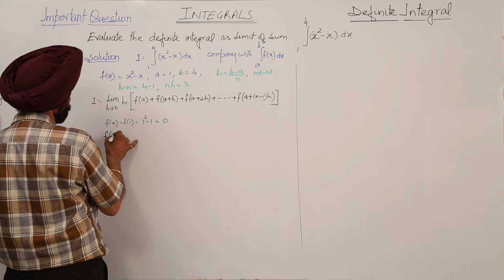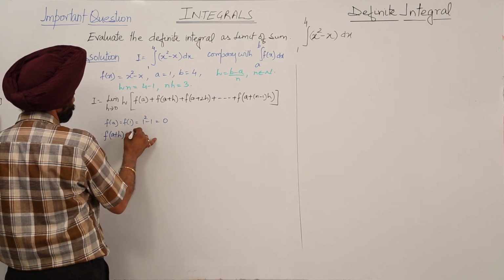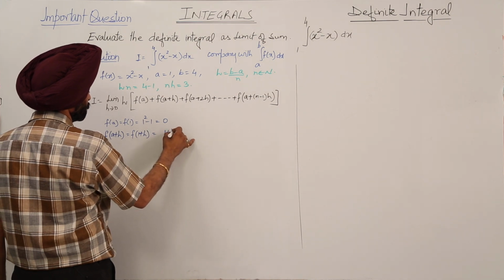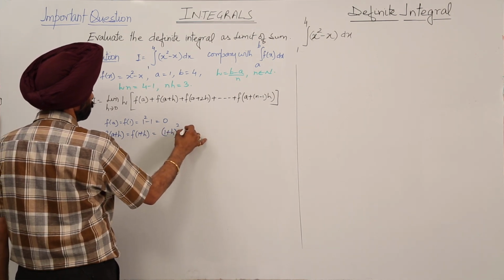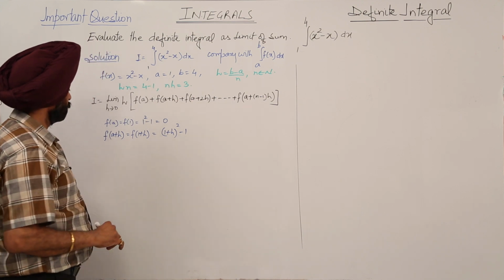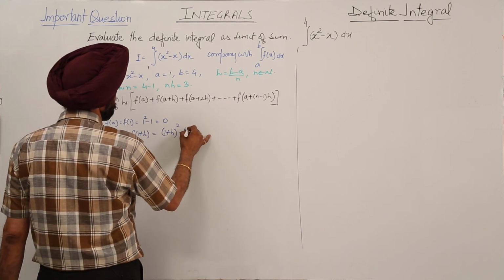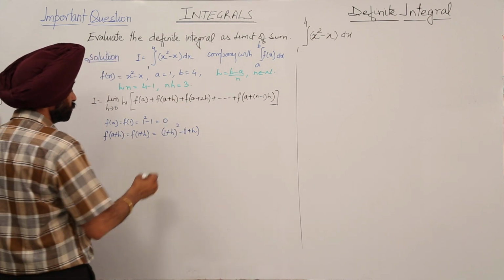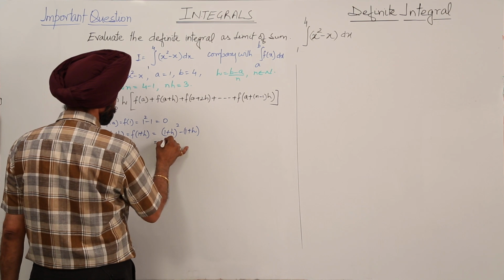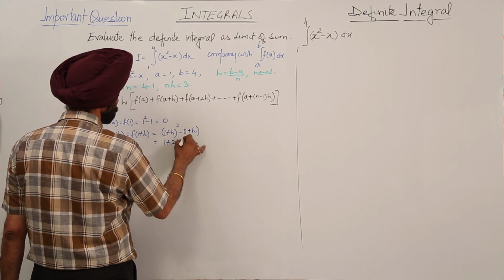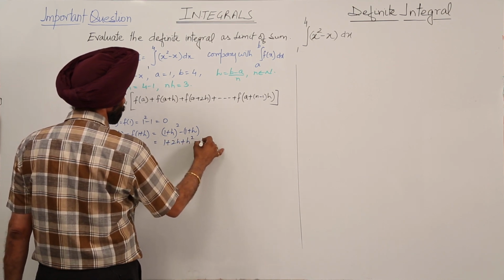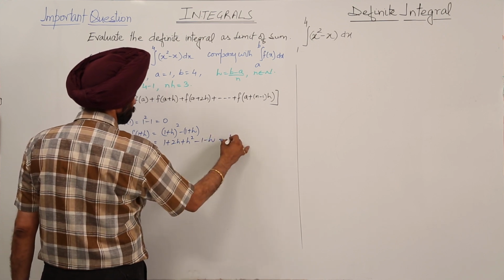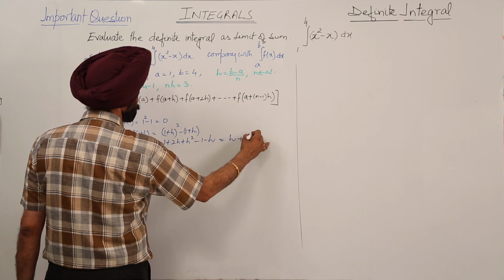f(a plus h), f(1 plus h), is (1 plus h) whole square minus (1 plus h). Okay, so now solve this part. What we are getting? 1 plus 2h plus h square minus 1 minus h. So we are left with h plus h square.